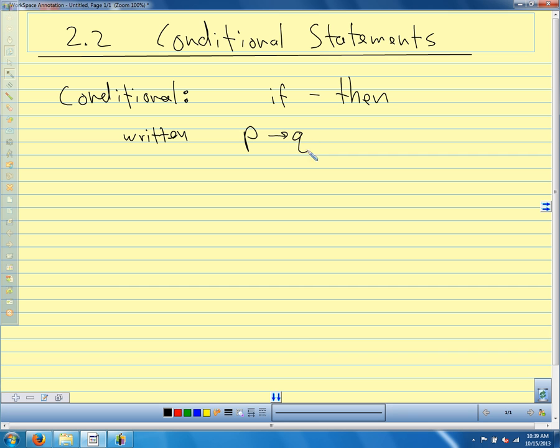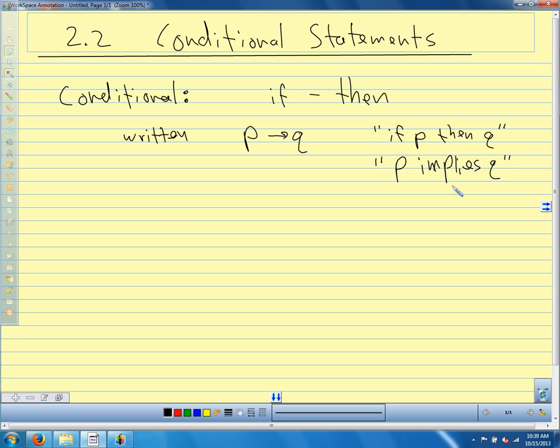We would read this if P, then Q, or P implies Q. And P and Q are just some statement. If the grass is green, then the sun has been shining, something like that. So P and Q are just some phrase that we put in there that we're connecting this with. So we read it if P then Q, or P implies Q.